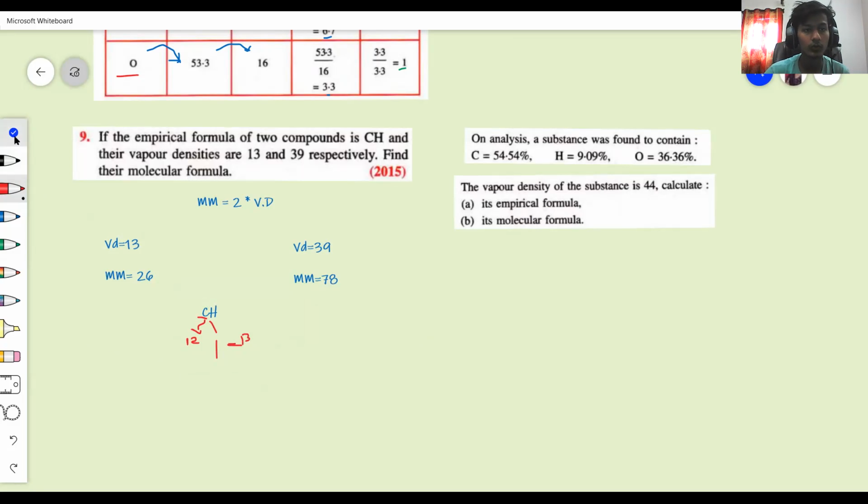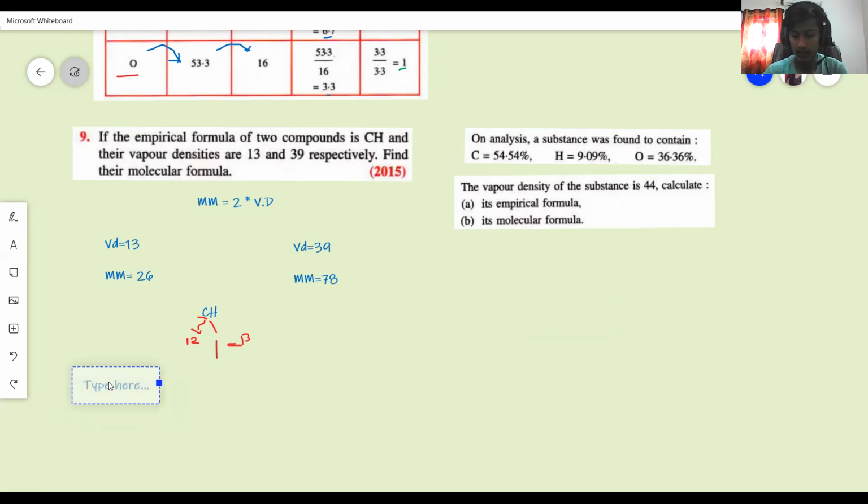Now n into 13 equals 26 for the first case. Therefore n will come out to be 2.